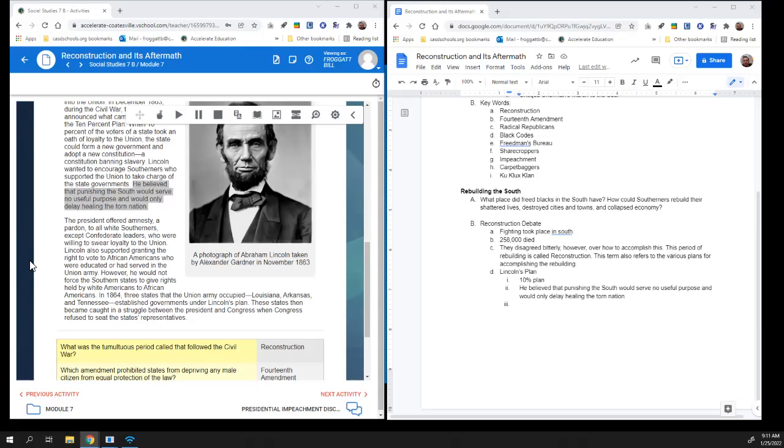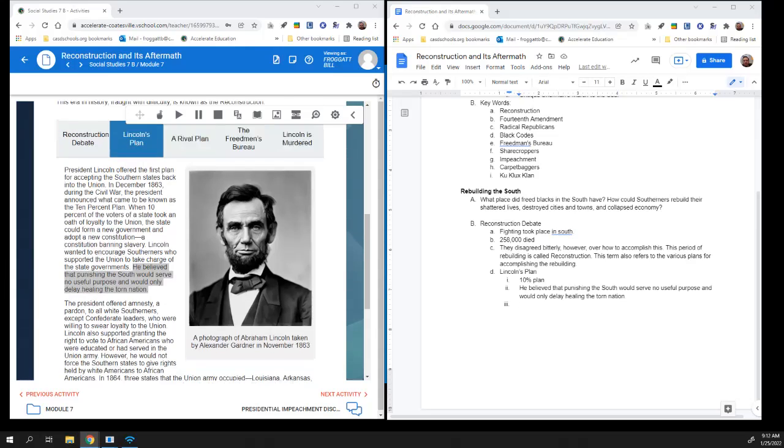No, he wants to extend the hand down, and this is a lesson for anybody when you're involved in a conflict. The best way to squash the conflict forever is to extend your hand down and pick up your defeated enemy. I know it's hard in the moment, but Lincoln really displayed a very stoic response to all of the death and destruction there. And his plan would have worked, but what happened?